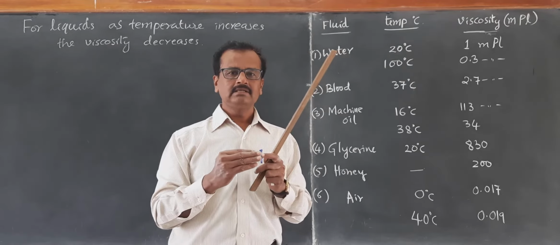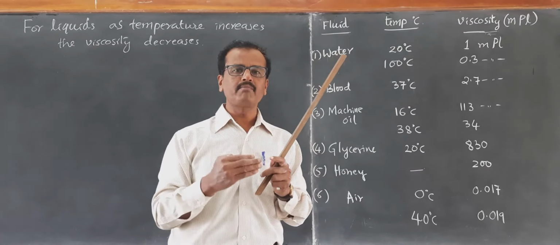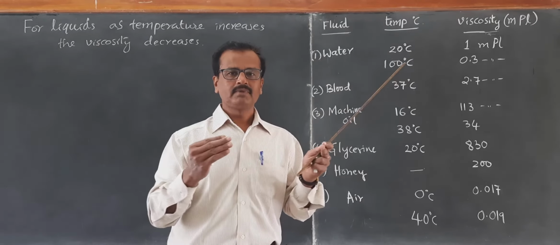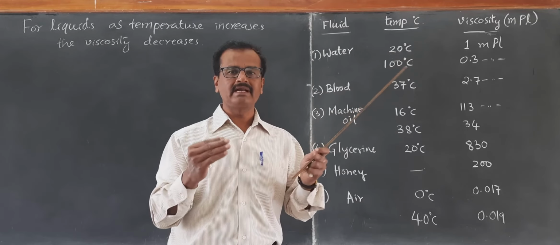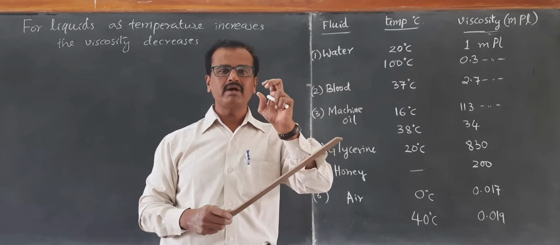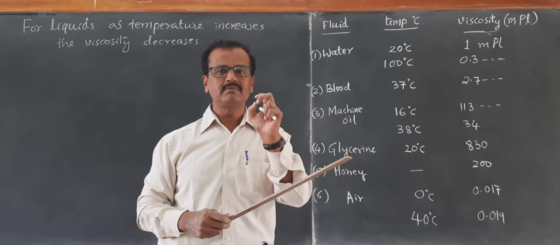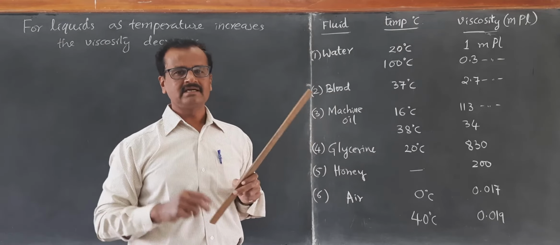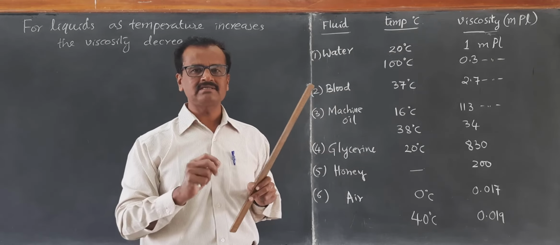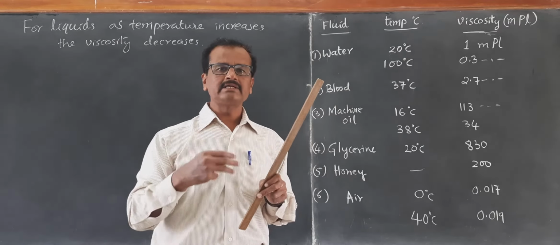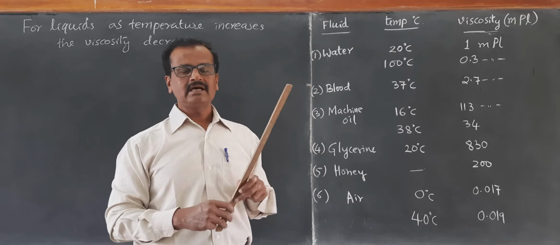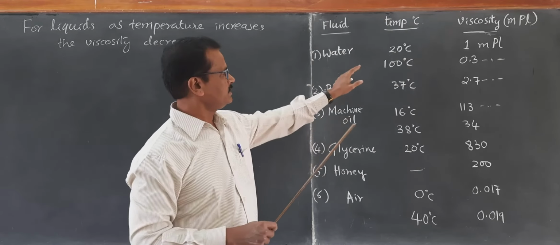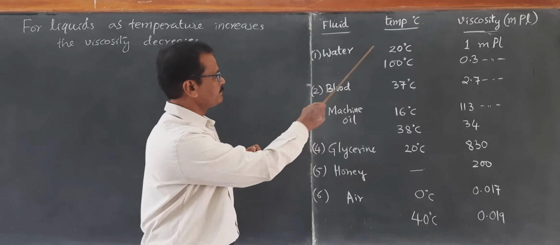As a result, the molecules gain more kinetic energy and tend to move more freely. As the molecules move more freely, the liquids become thinner and thinner. As a result, the viscosity decreases as we increase the temperature.